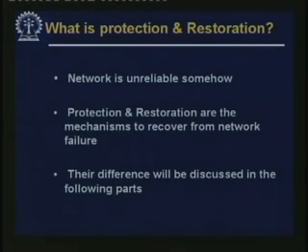Now, a network is somehow unreliable. So many failures can occur: a node may fail, a link may fail, a link may get cut, some fiber optic line may get cut in between because somebody cut it while digging a hole or something, or a node might fail, there may be power failure at nodes, and so many things.